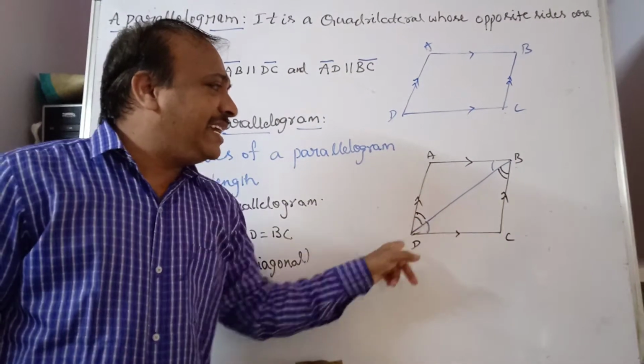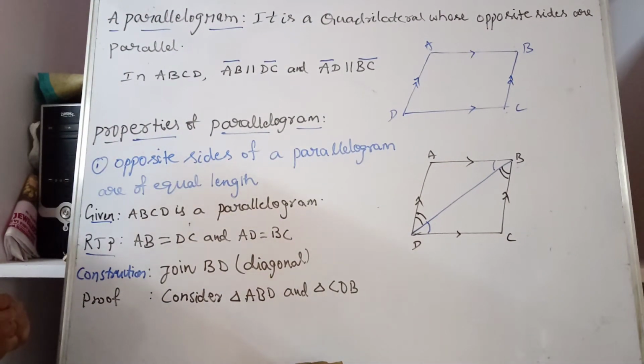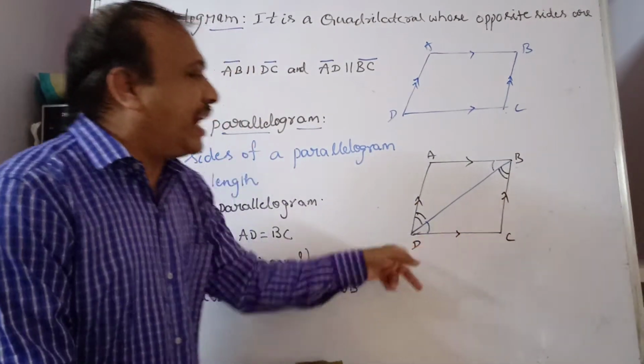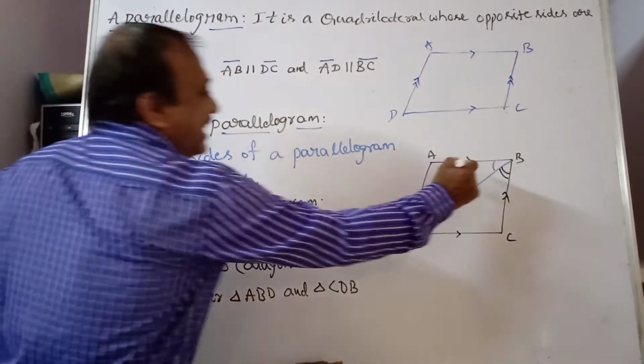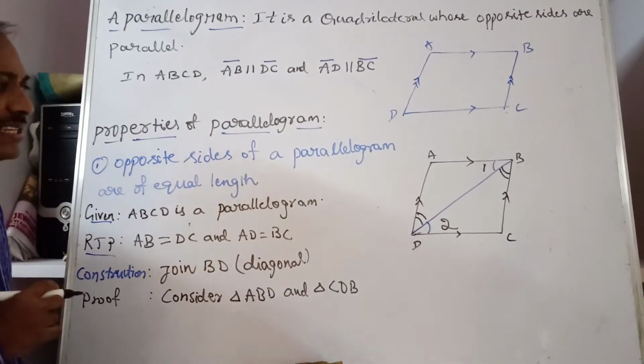These are the two triangles which we are considering. Now angle ABD is equal to angle CDB. Do you agree? Here I will write 1 and here 2. Angle 1 is equal to angle 2.